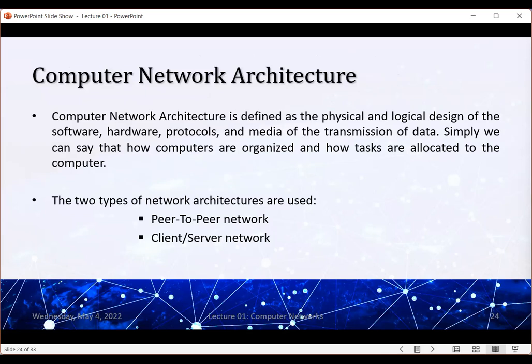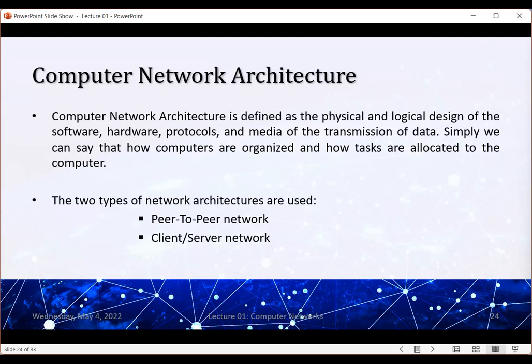Okay. Next one is computer network architecture. Now, when you suggest any solution, any network solution, it is like suggesting a design. සාමාන්‍ය network solution එකකදී මුලින්ම අපි suggest කරන්නේ design එක.